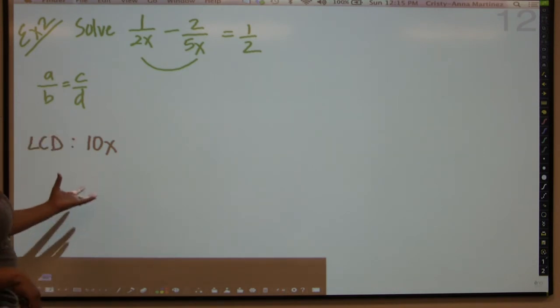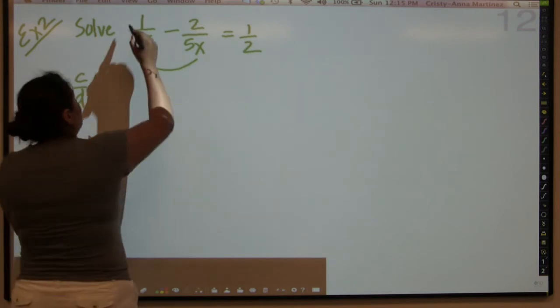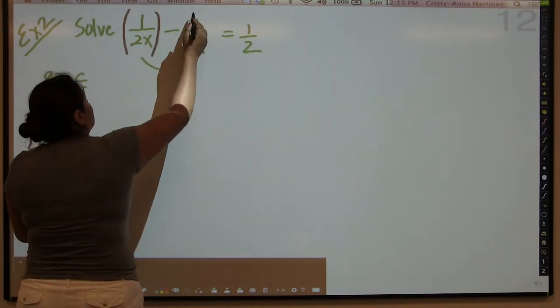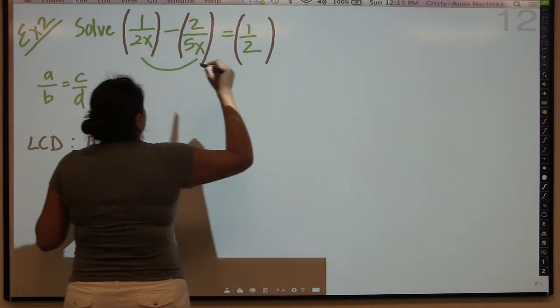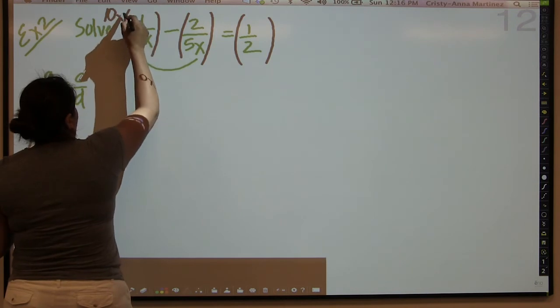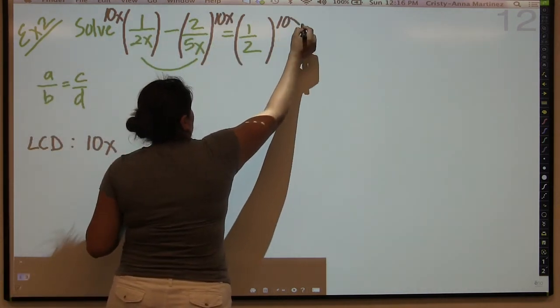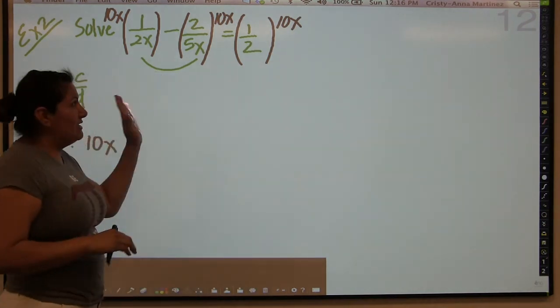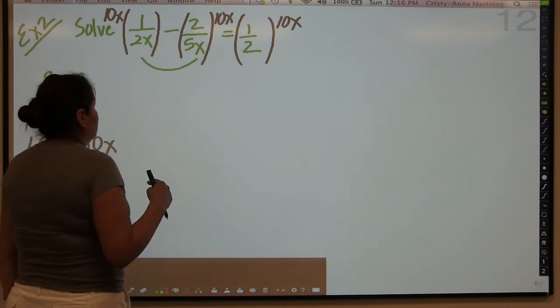So what you want to do in this kind of a situation is find the least common denominator and then multiply each fraction by that least common denominator. So we're going to put 10x over here, 10x over there, and 10x over there. It's very important that you multiply every single fraction or every single term by that denominator.